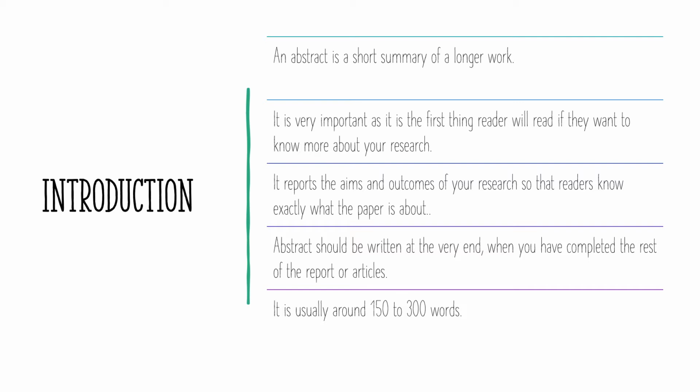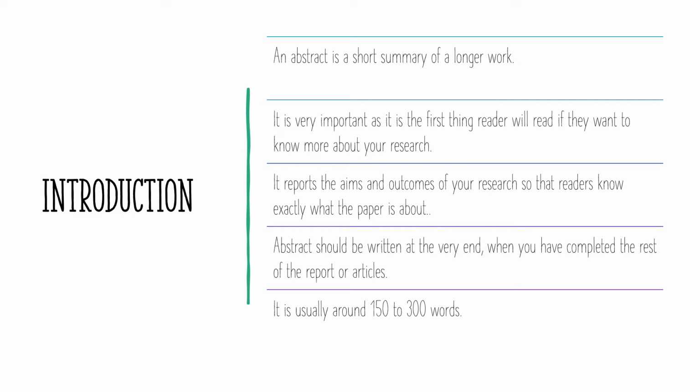An abstract should be written at the very end, when you have completed the rest of the report or article. If you have written all of the chapters, 1 until 6, until the conclusion and recommendations, only then do you write an abstract, because an abstract is a summary of all those chapters.